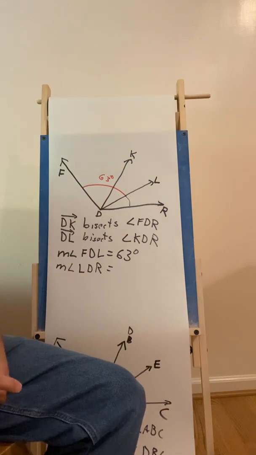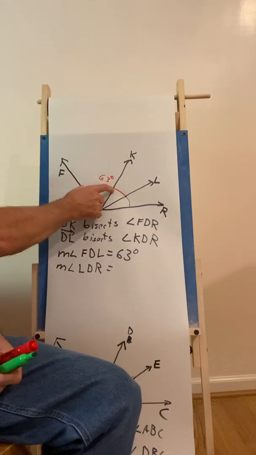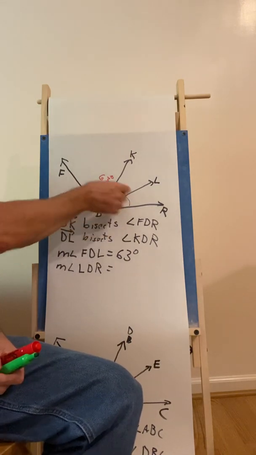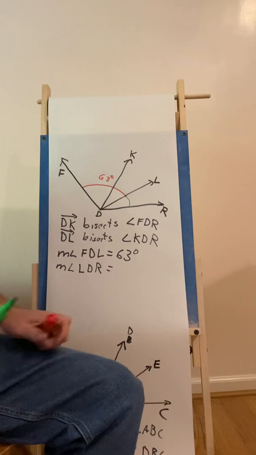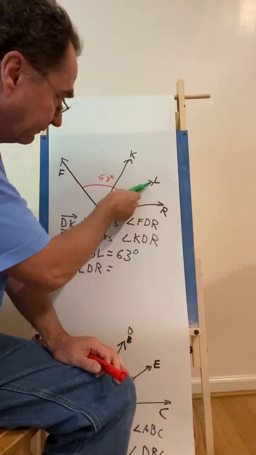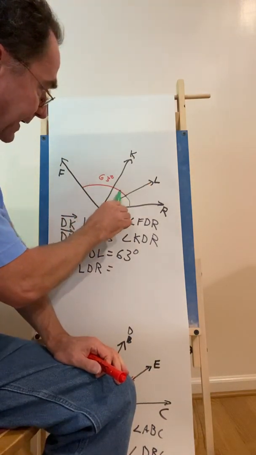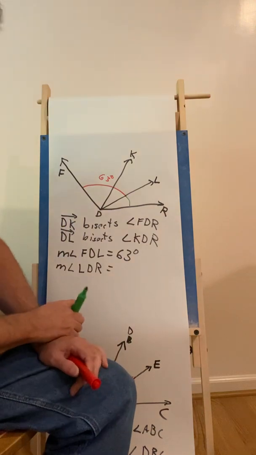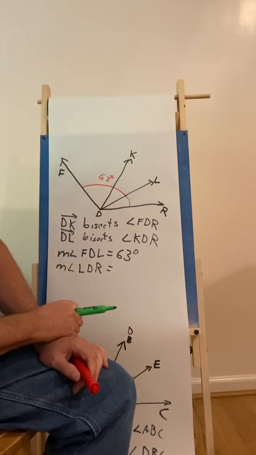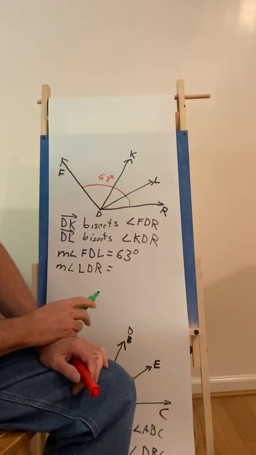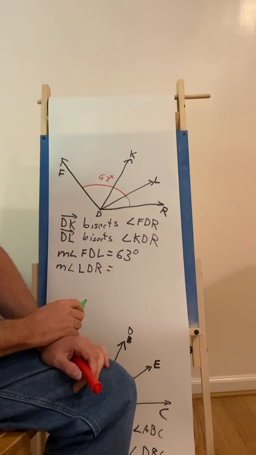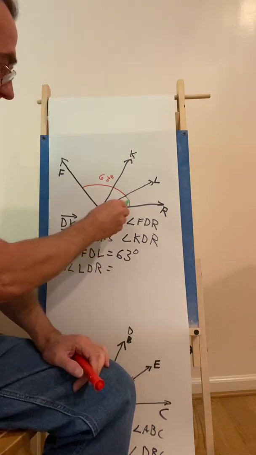Now, if we thought about the fact that we're taking half of an angle, and then cutting it in half again, if we draw that line right there, this red angle would be 3/4 of the whole angle, 3 parts out of 4. So, how could we find out the missing part?